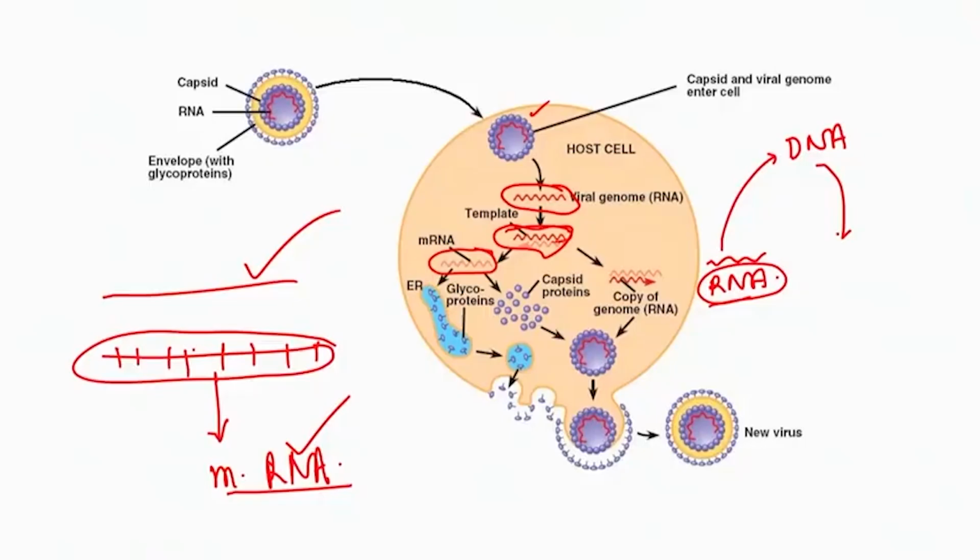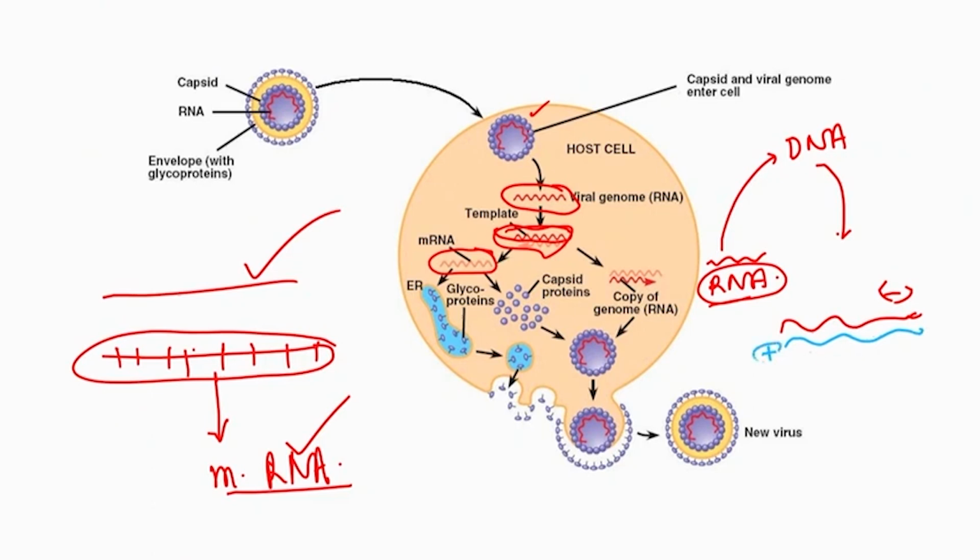So, from the negative strand RNA, if there is an RNA polymerase, then when you copy it, what you will get is the actual mRNA.